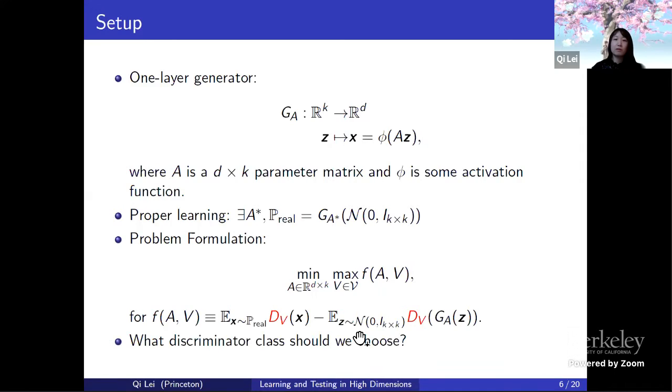But now, one important question to ask is what kind of discriminator class we should choose to learn the real distribution. From the design of WGAN, we see that we should choose the discriminator class of all one-Lipschitz functions. But of course, that would be computationally intractable, and actually it's not needed.